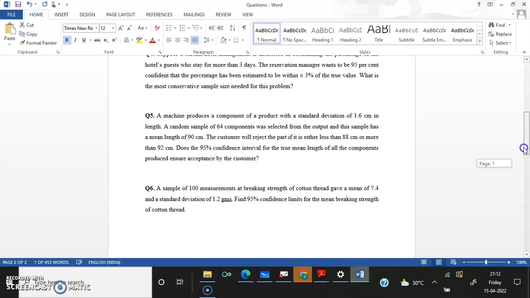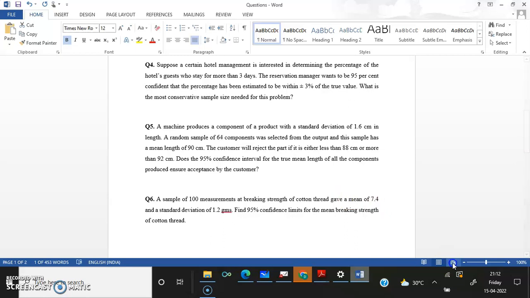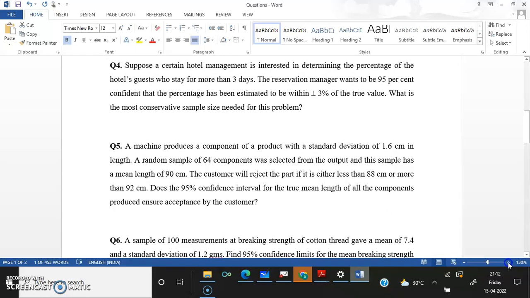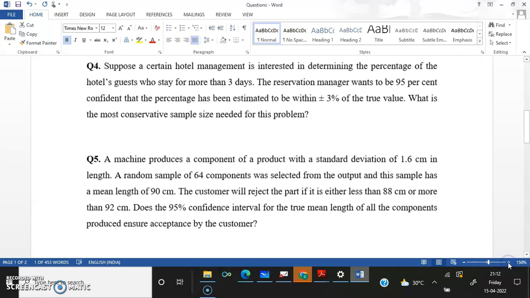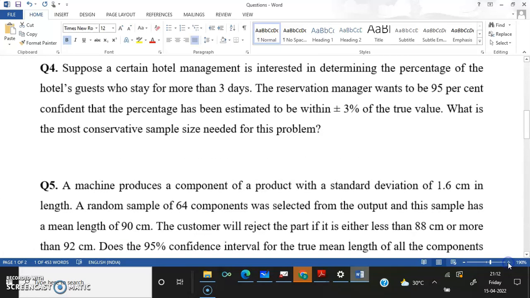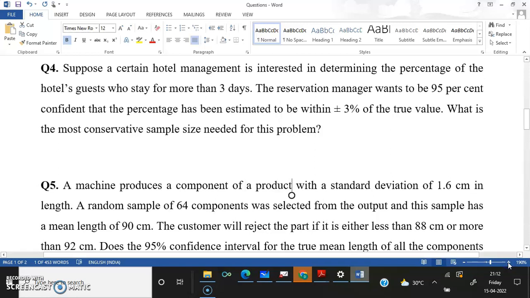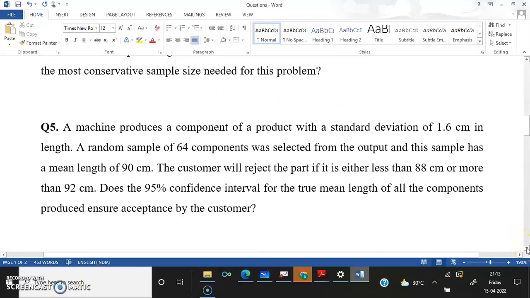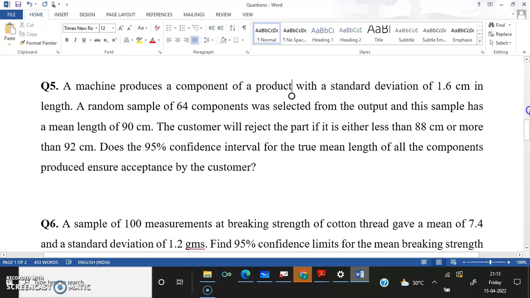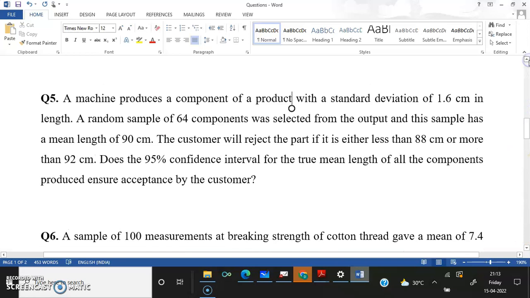Okay, a machine, this one. This question I'm talking about. Can you see this question? I think it's clear, no? Okay, this question. Okay, now it is clear.